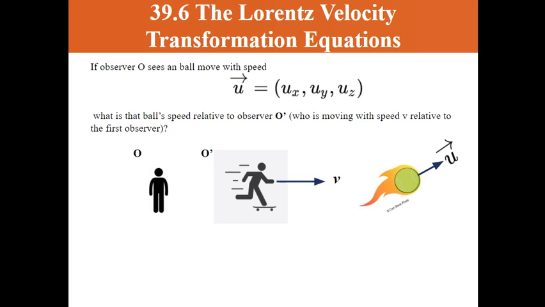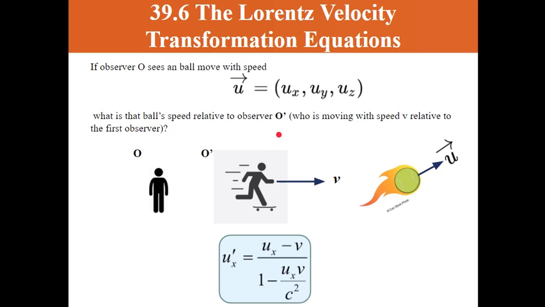If we have some object with some velocity vector, doesn't really matter what the velocity is, just that in the real world it can have an x, y, z component, and we still have the same observers as before, O and O prime in S and S prime frames, and O observes the ball having this particular speed. And the question is, well, what's the speed relative to the observer here in frame S prime?